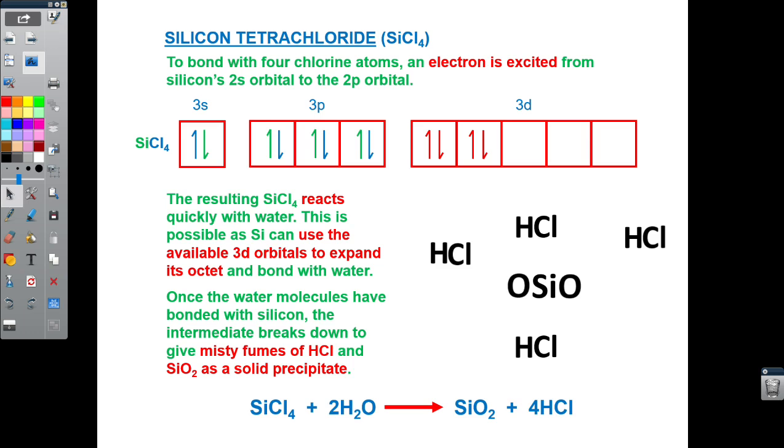Silicon tetrachloride, just 1 period down, reacts quickly with water because it's got 3d orbitals where it can include water's electrons, form an intermediate, expand its octet, and that intermediate then can break down to give us our products. This is again a common question coming up on the exam papers, so make sure you fill in your booklets on this, and have a go at some questions. You'll find several of them on the past papers and the other questions which we give you.